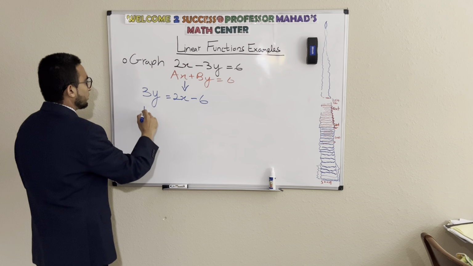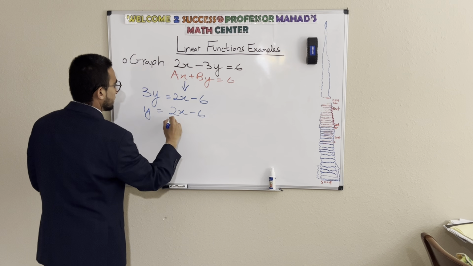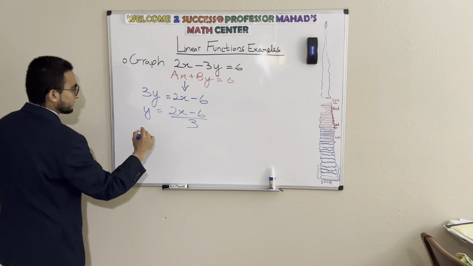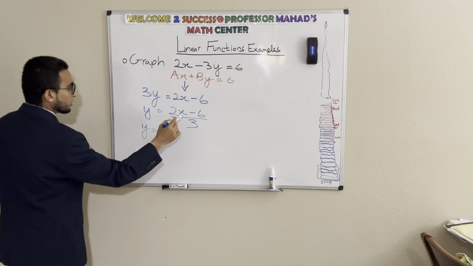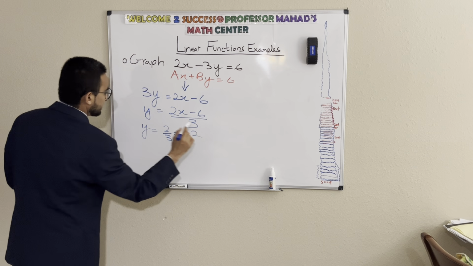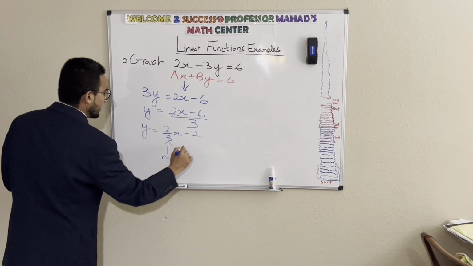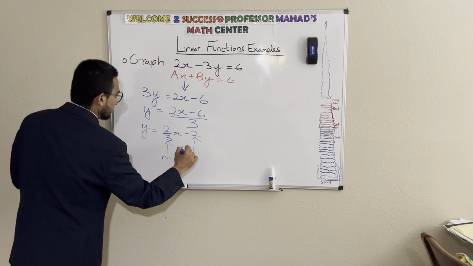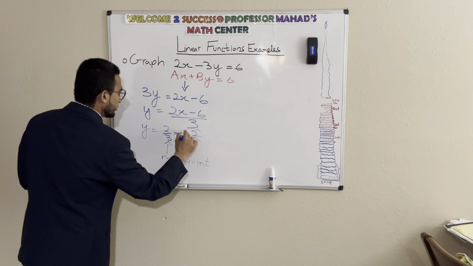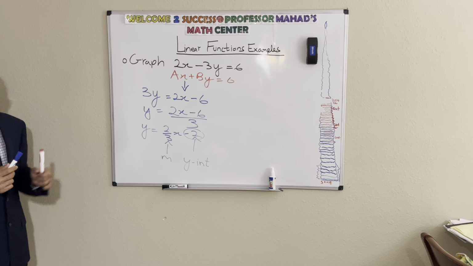And then y. And then I need to split it, the common denominator. So that is your gradient, and that is the y-intercept, which is -2.